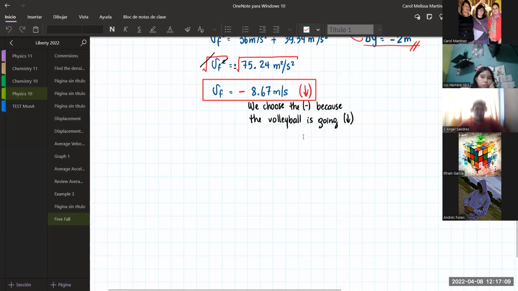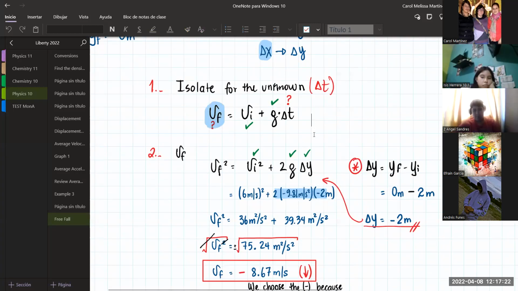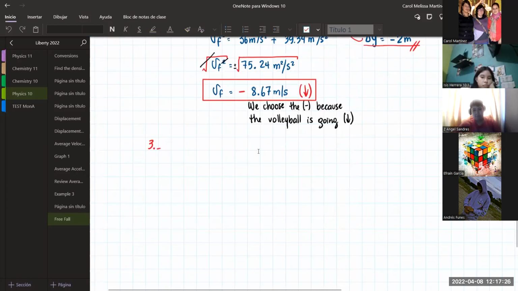So in the third step, I have my main equation, and now I'm going to do the isolation.